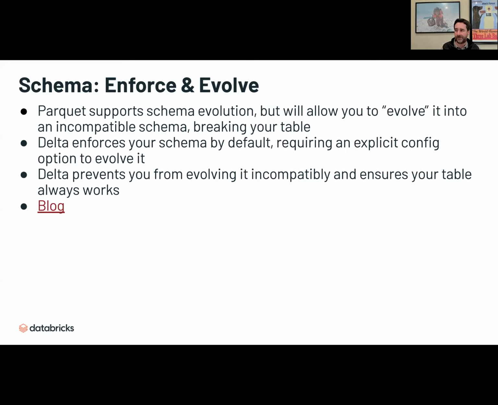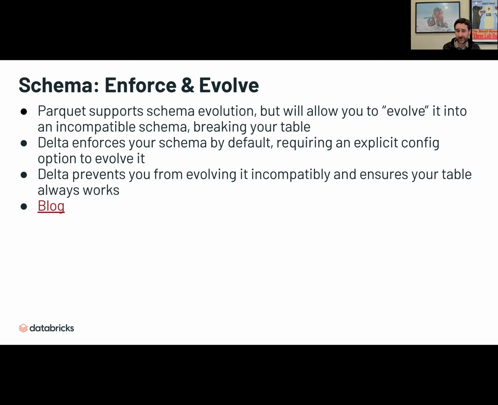But the problem is that Parquet files can evolve in ways that make them incompatible, either corrupting themselves or making them incompatible with the overall set. Where you're looking at thousands of files and you change one of those, that can corrupt the set as a whole. What we're doing with Delta is enforcing a schema so that that doesn't happen.